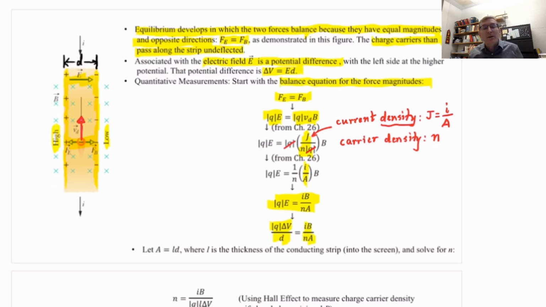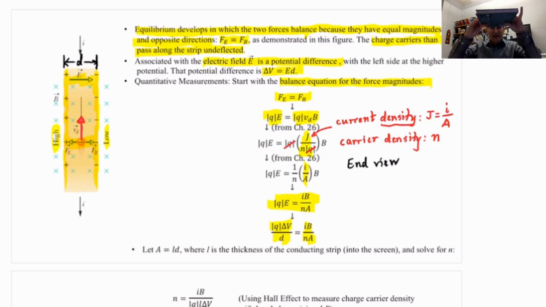Now I want to talk about what that cross-sectional area A is. Well, my top-down view here on the left doesn't help me see what that is. So now what I need is an end view. Again, if I imagine this book as being the strip, I can look down on it from above this way. The current's coming in this way and coming out that way.